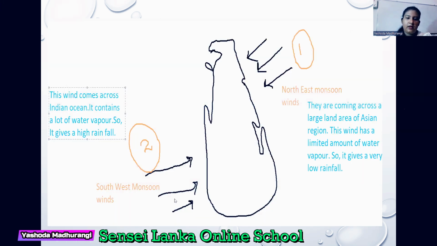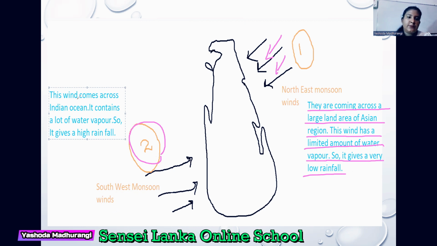Look at this. Southwest monsoon, northeast monsoon. Look at number 1. Northeast monsoon comes to the country from this direction. It comes across a large land area of the Asian region. This wind has a limited amount of water vapor, so it gives a very low rainfall. I think you understand it now. Now come to number 2. Southwest monsoon wind. This wind comes across the Indian Ocean.